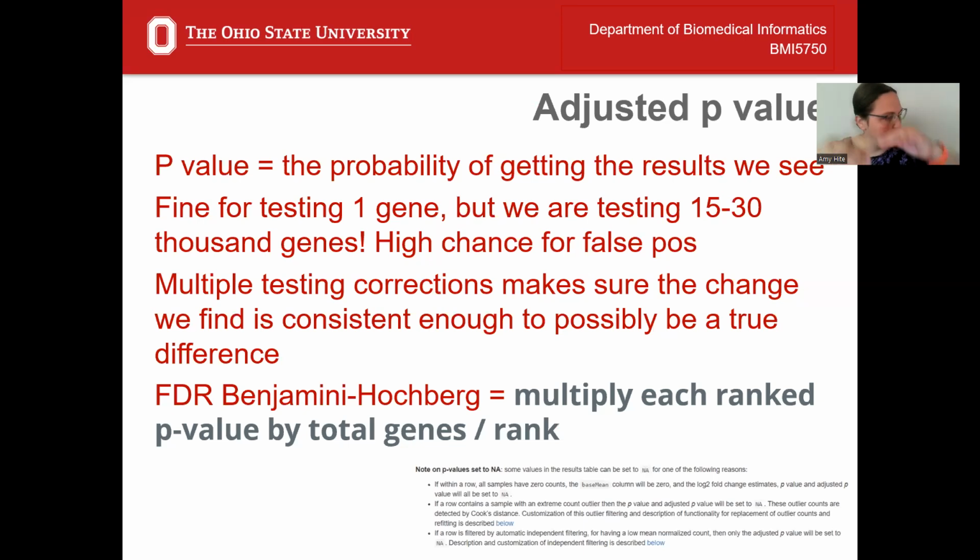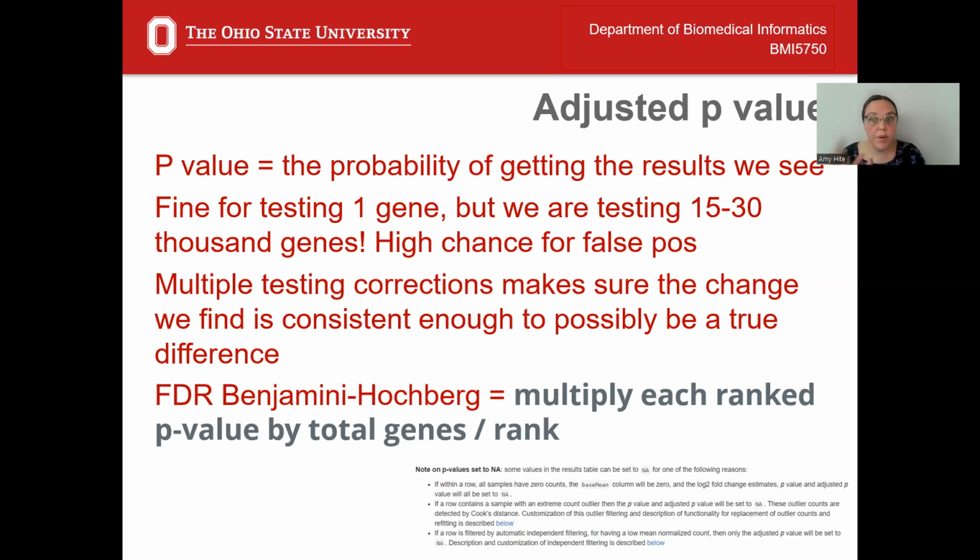And also, when we do a statistical test, you'll always see it, we get a p-value. And this p-value is the probability of getting the results that we see. So this is fine if you're testing one gene, but we are testing maybe 30,000 genes.